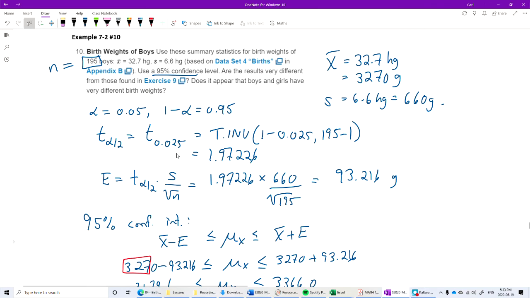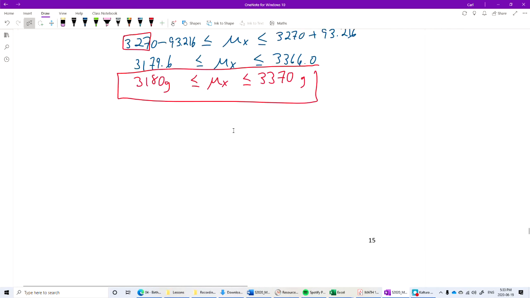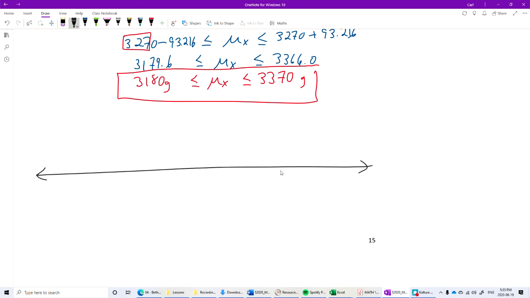Now, forget this part, because we didn't do exercise 9. Does it appear that boys and girls have very different weights? Well, let's think here. If we put both the confidence intervals on a number line, let's put the boys here. I know they'll be a little heavier, or maybe they won't be heavier, right?